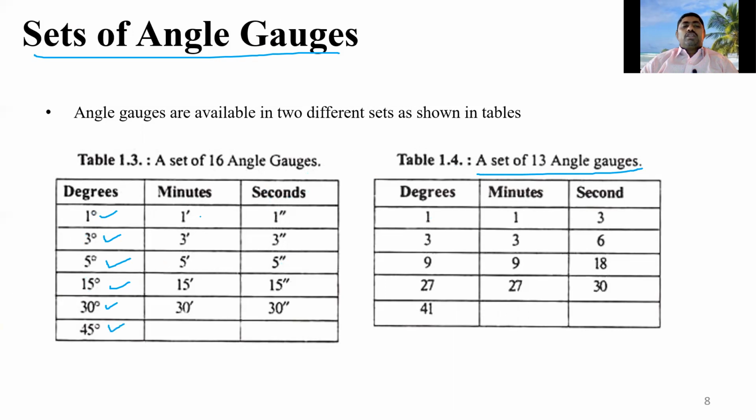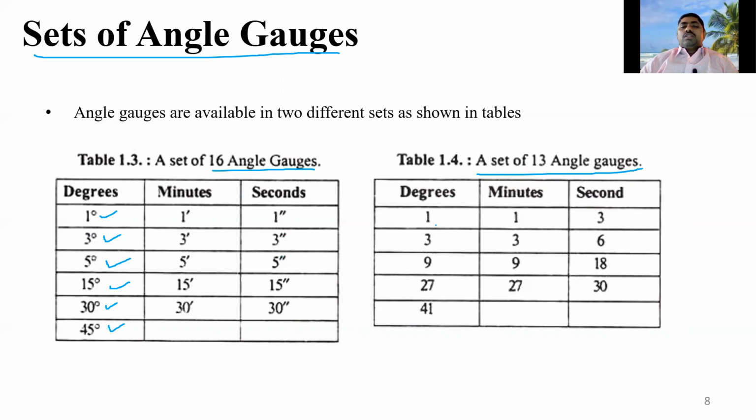Similarly, we have the minute gauges: 1 minute, 3 minute, 5 minute, 15 minutes, 30 minutes. And the seconds gauges are also available: 1 second, 3 seconds, 5 seconds, 15 seconds, 30 seconds. So in total, we have 16 angle gauges in the first set.